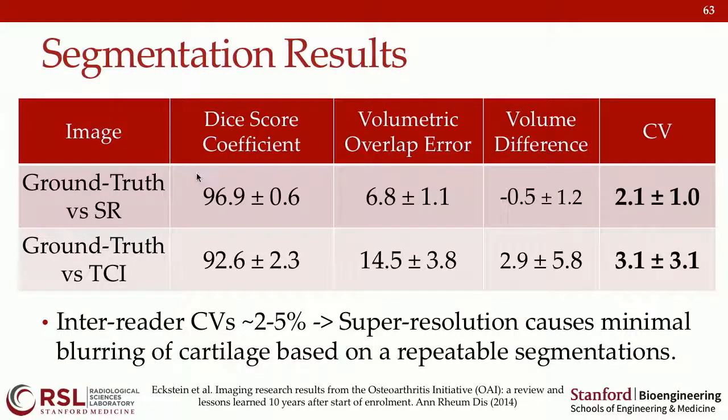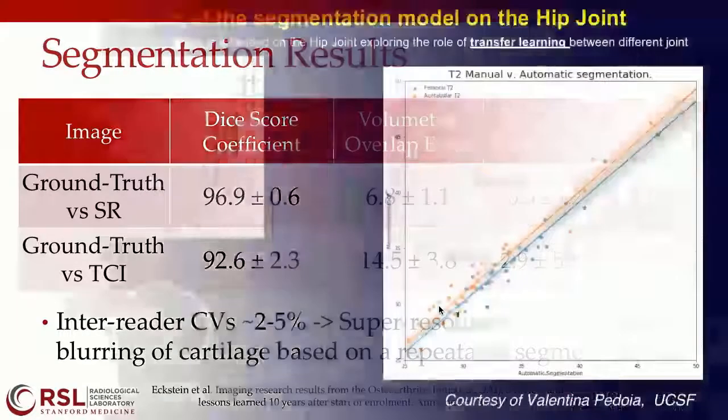So the ground truth versus the super resolution shows that they're very similar, close to 97% in the overall dice score. The coefficient of variation of the automated segmentation is at the low end of the range of inter-reader coefficients of variation of segmentation of the articular cartilage, indicating that the super resolution works in this case for the automated segmentation.